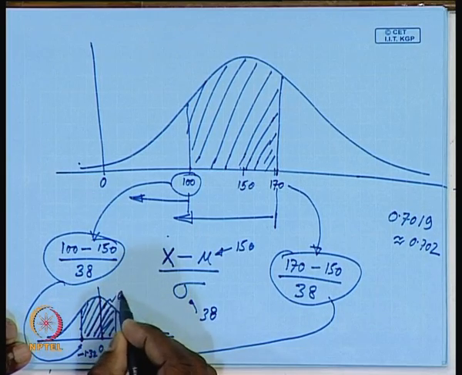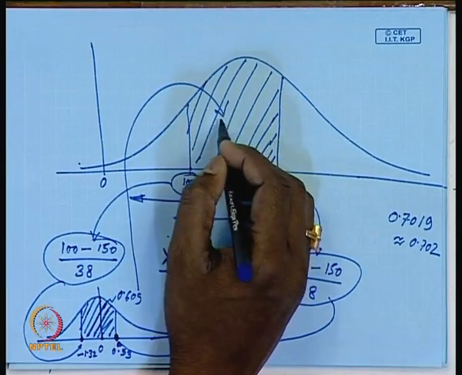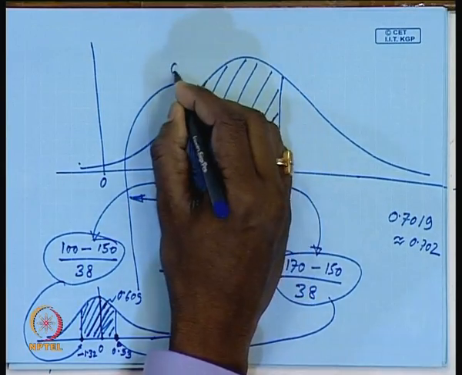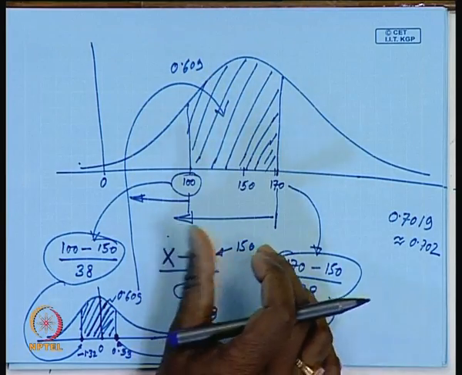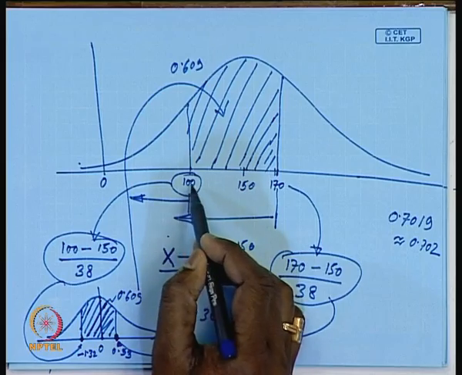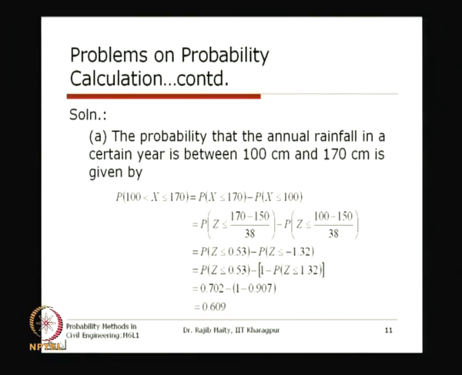It is 0.609, which is equal to this area as well. So we can say that the probability of the random variable x being between 100 and 170 is equal to 0.609. This is what is obtained here.